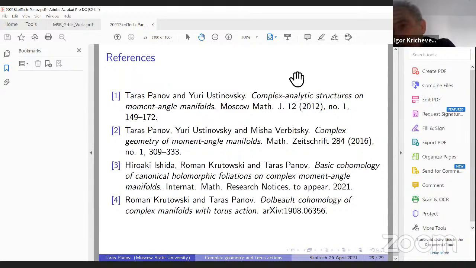It looks very much like the setting you considered.